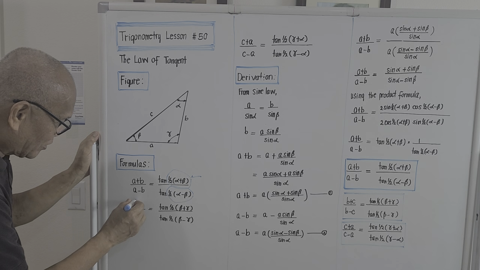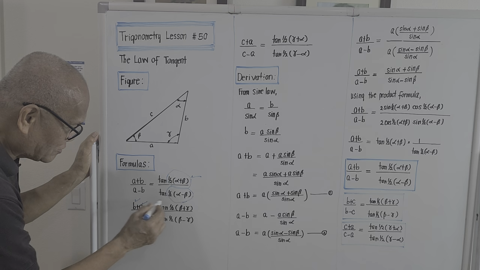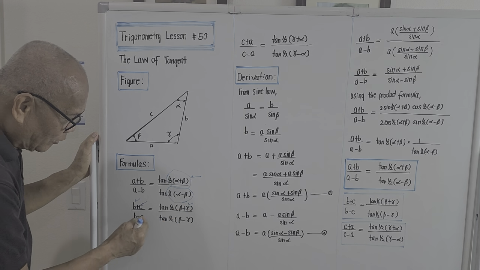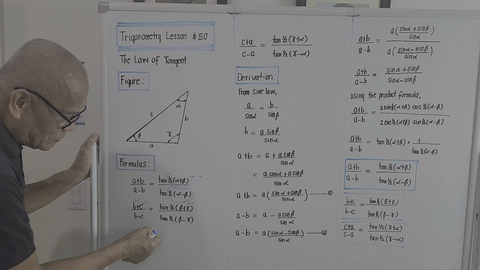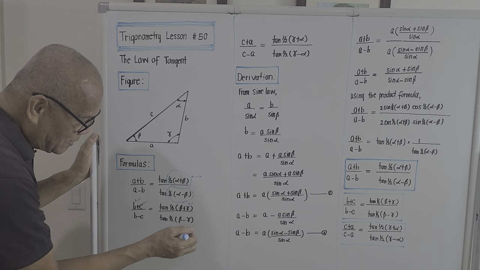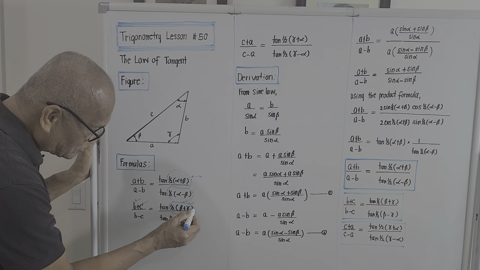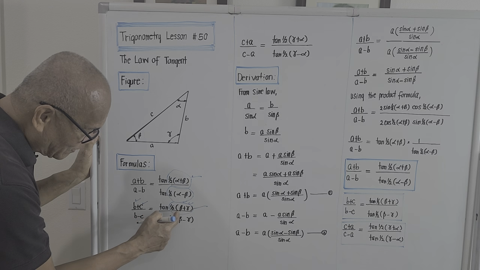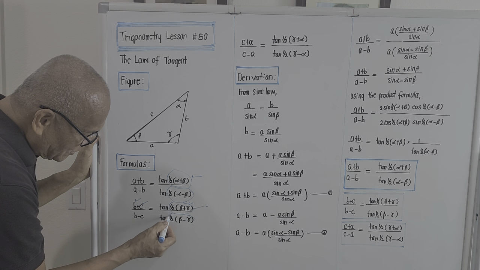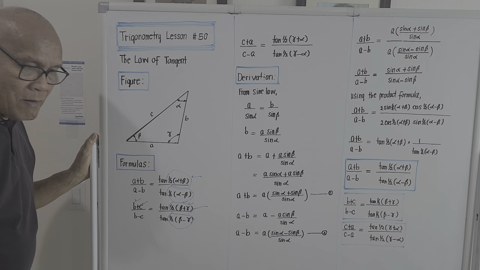This B here corresponds to this beta here, and this side C here corresponds to this gamma. All over tangent of 1/2 the difference between beta and gamma. The total angle on the numerator is 1/2 of beta plus gamma, and the total angle on the denominator will be 1/2 of the quantity beta minus gamma.